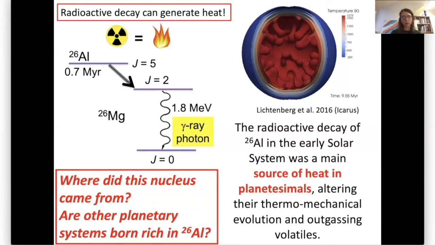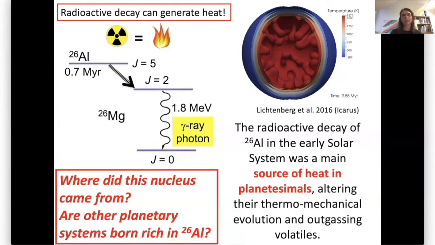Basically the nucleus turns protons into neutrons and loses a positive charge. But the angular momentum of the aluminum-26 nucleus is too high to allow it. It's this J equal 5. So it cannot decay straight into the ground state of the magnesium-26 nucleus.